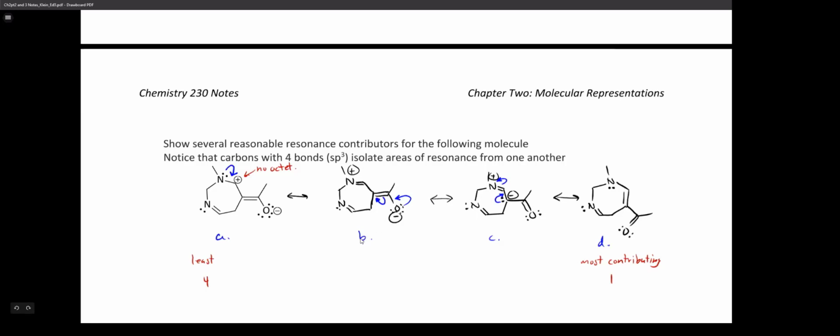Negative on oxygen would be better. And then that'd be a 3. And sometimes you can come up with ties. It's not always going to be possible to rank all of them. But I would say number 1 is the most contributing, 2 is the next most important, 3 is here, okay? And then this is not very contributing because it's very easy just to move those lone pairs right down there.